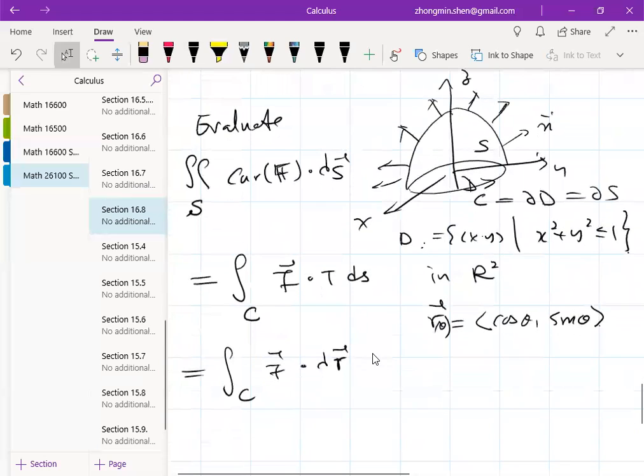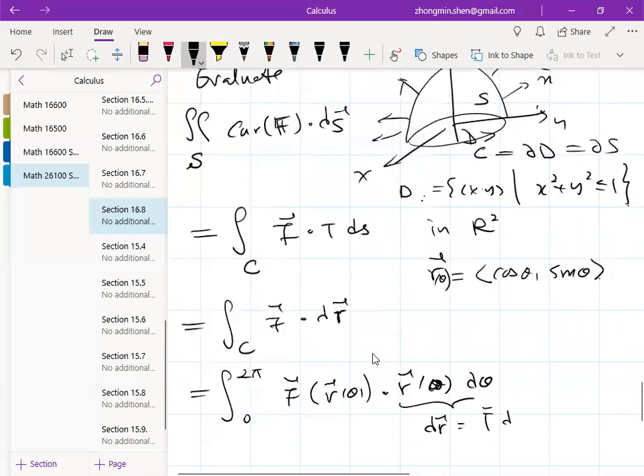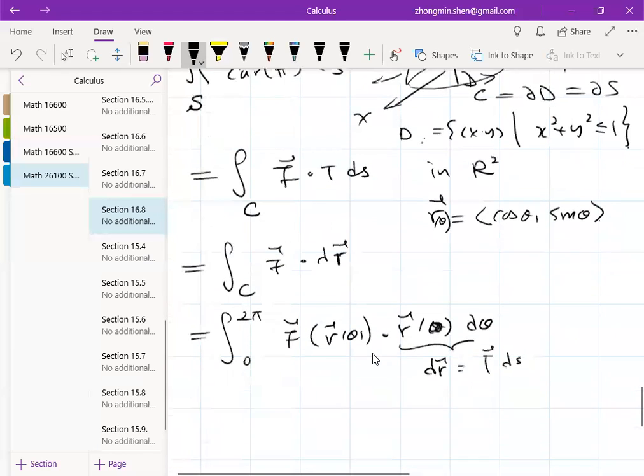Theta goes from 0 to 2 pi, F of r(theta) times r prime(theta) d theta. So this is dr, which is also T ds, but s is arc length and we change it to theta.